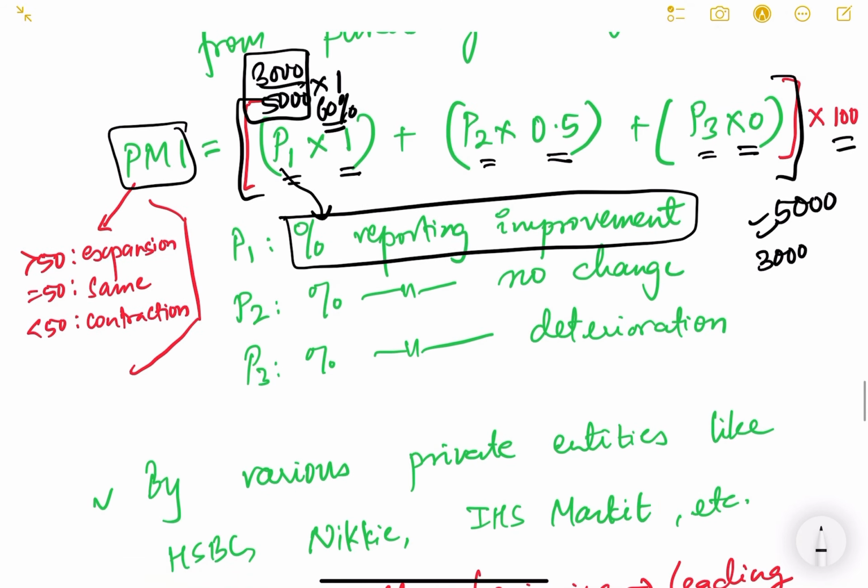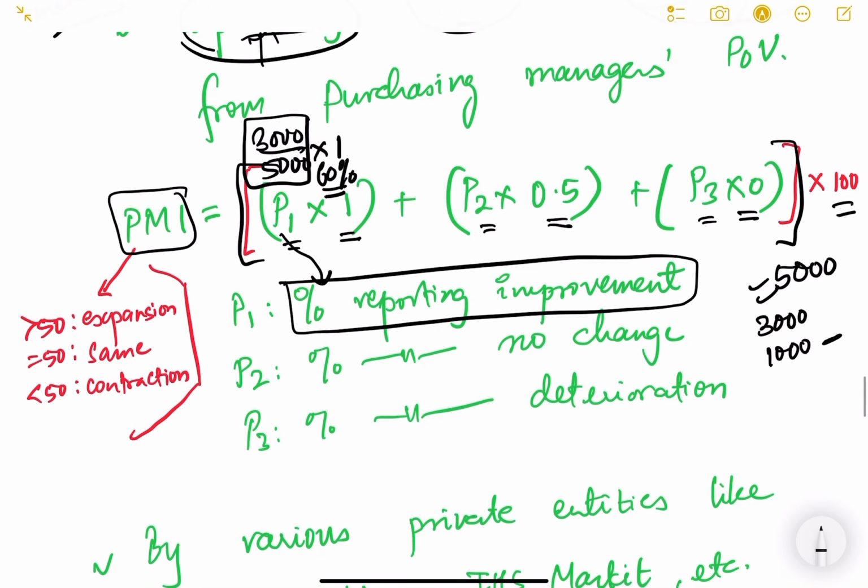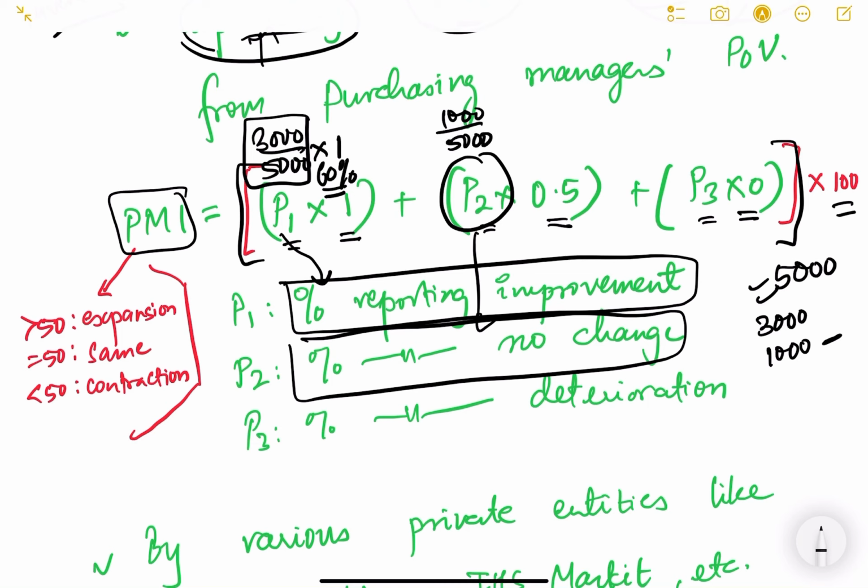Now let us say that another 1,000 are saying that it is the same, there is no change. So P2 is the percentage of purchasing managers who are saying that there is no change. This percentage will be 1,000 divided by 5,000, which is 20%.